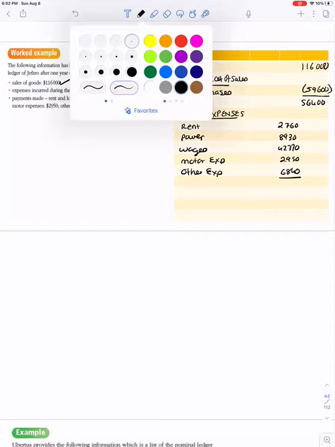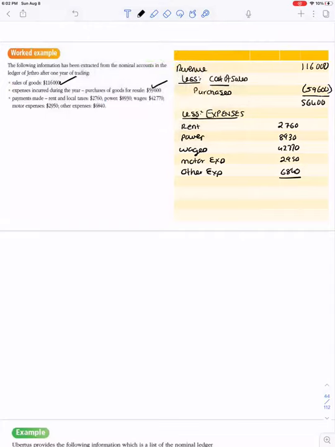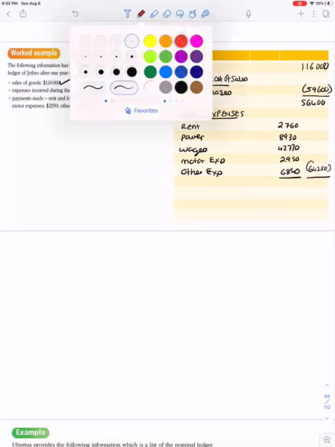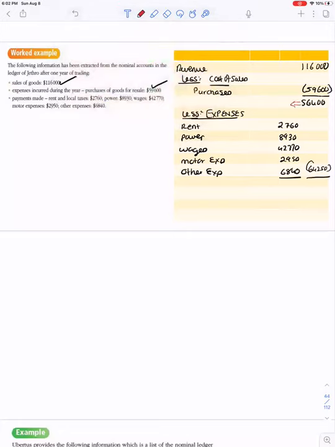Observe properly. Our total expenses are coming up to 64,250 that we would subtract from the gross profit. What was this figure? Revenue less cost of sales. This was gross profit. That we would subtract from the gross profit.